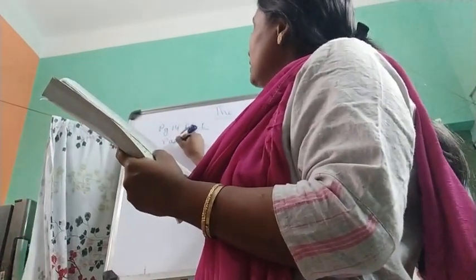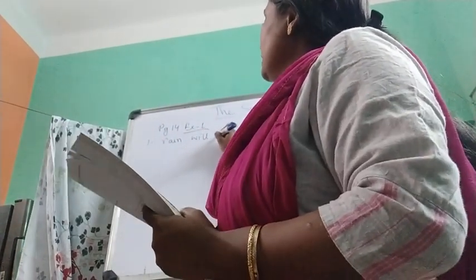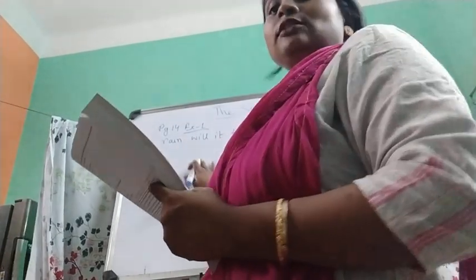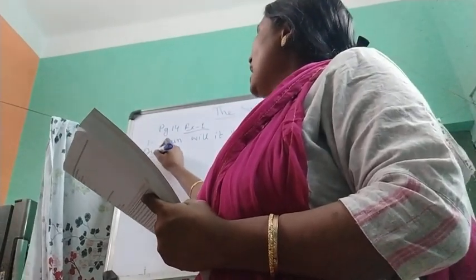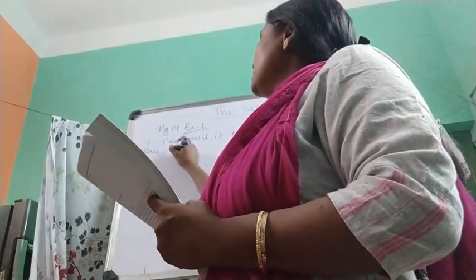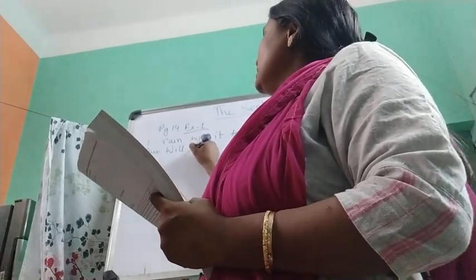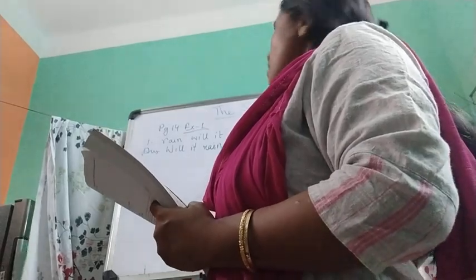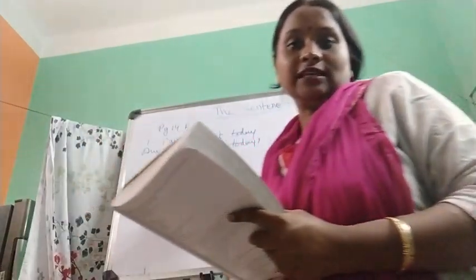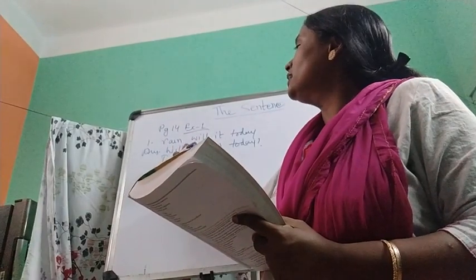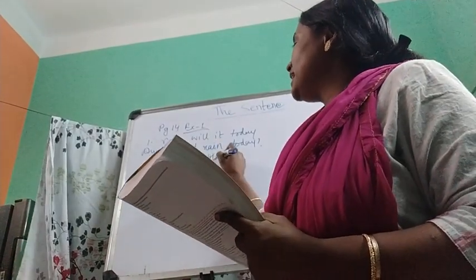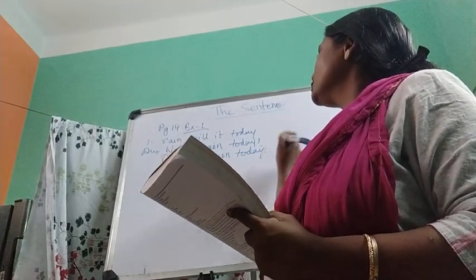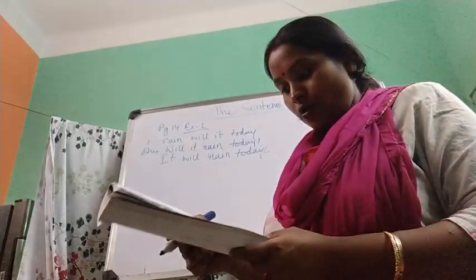Rain will it today. Now, you can write it in two ways. You can make an interrogative sentence with this, like, will it rain today? Or you can also make an assertive sentence like, it will rain today. So, full stop.